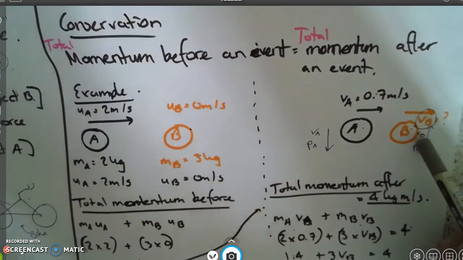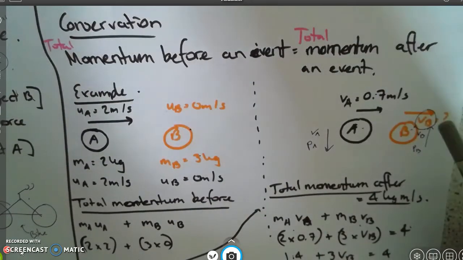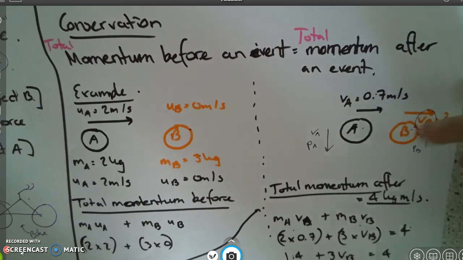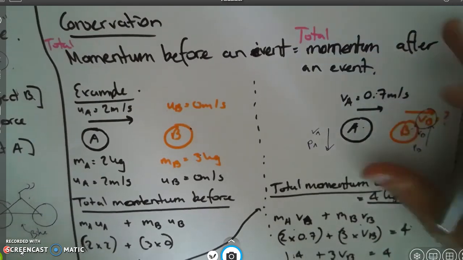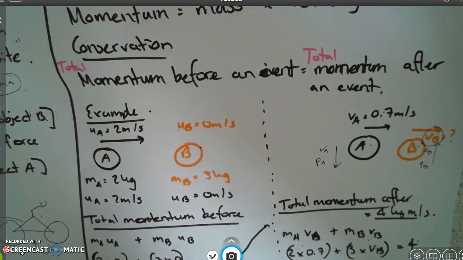Now let's go with B. Its velocity has gone up because it was 0 and now it's 0.87 meters per second. So the object B's momentum has gone up. To summarize all of this, we can say that the total momentum before this event is equal to the total momentum after an event.